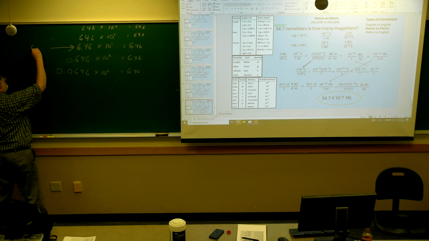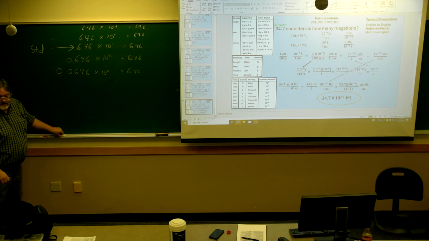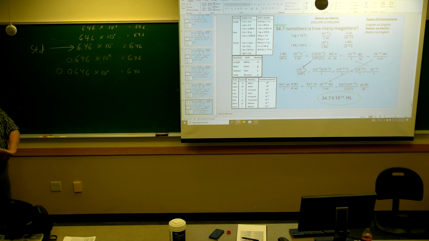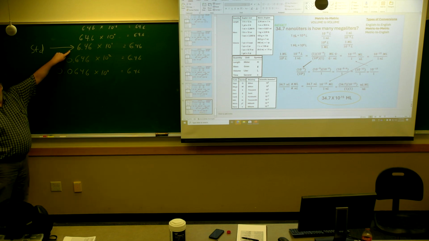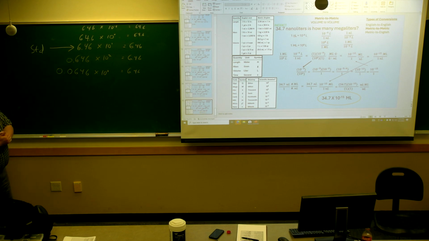That is standard scientific notation. I make a big deal about it because textbooks get this wrong, instructors get this wrong. If an instructor says, put your answer in scientific notation, put it in standard scientific notation, because that's what they meant. And you don't want to get in an argument with your instructor.